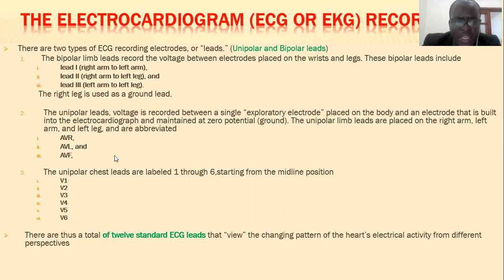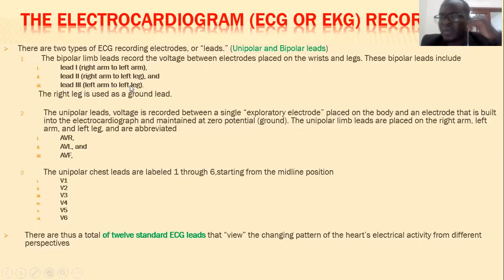For lead 1, you connect a negative electrode on the right arm, then the positive electrode to the left arm. For lead 2, the negative electrode on the right arm, the positive electrode on the left leg. Then lead 3, the negative electrode on the left arm, then the positive electrode to the left leg.